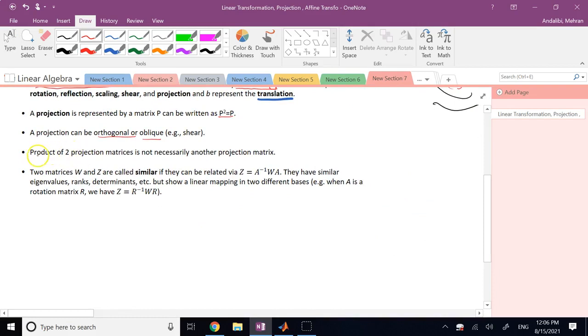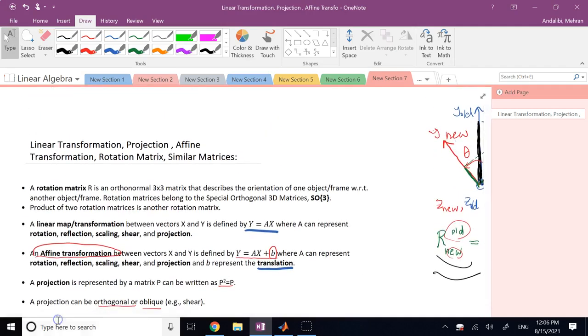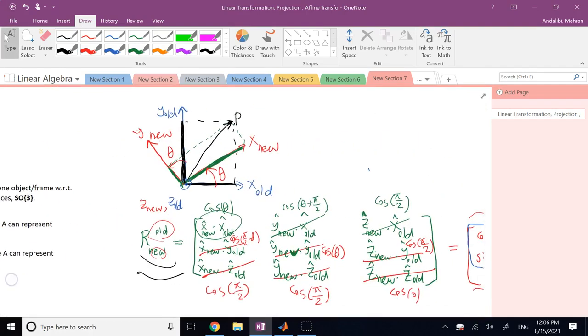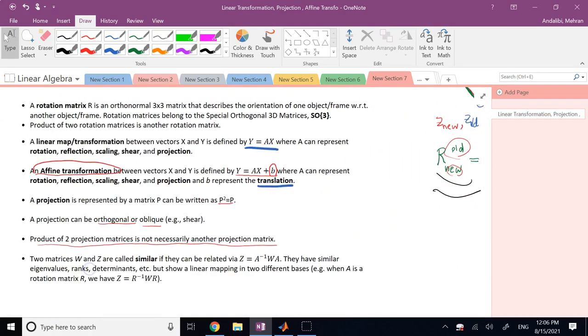Another important thing is the product of two projection matrices is not necessarily another projection matrix. For rotation matrices, you saw, if I multiply R1 by R2, the result is R3, that's another rotation matrix, which means basically if you rotate a point one time and then do another rotation on the new point to get the second point, what you can do is directly go from the first point to the last point by one single rotation, which is the product of those two original ones.